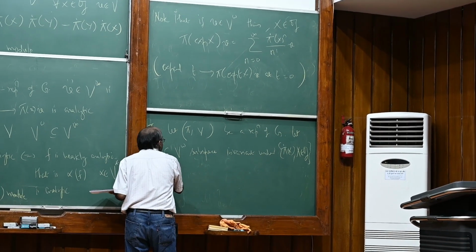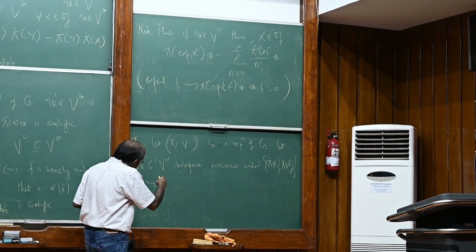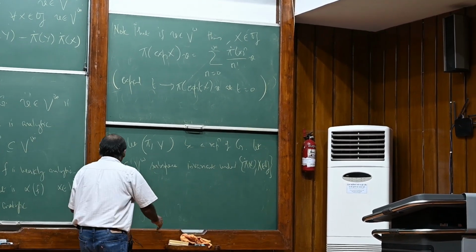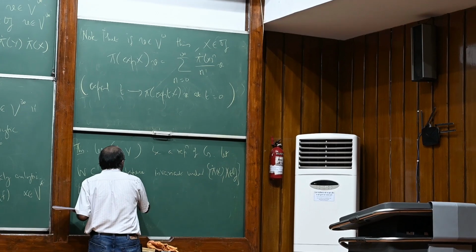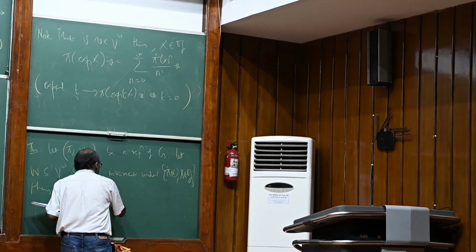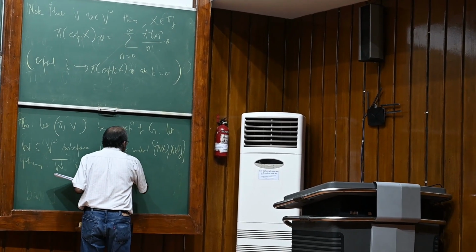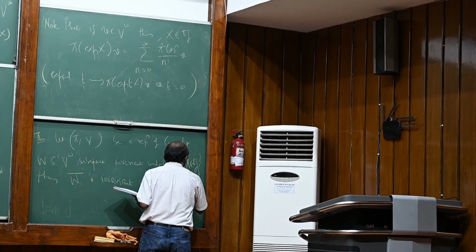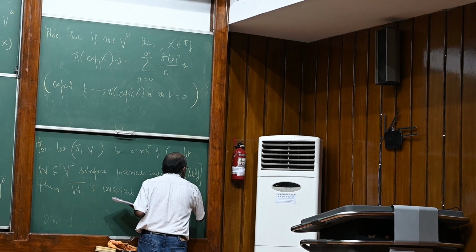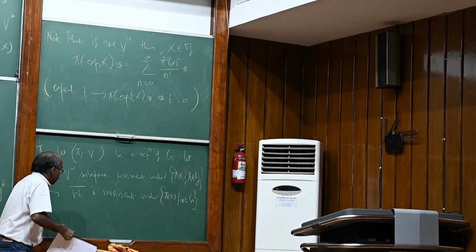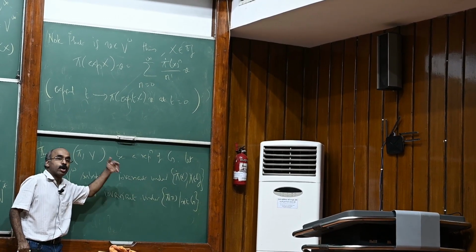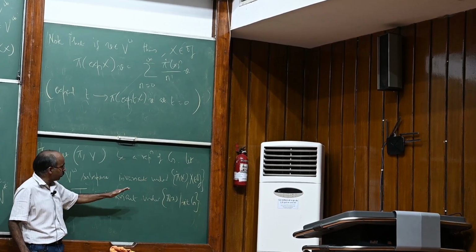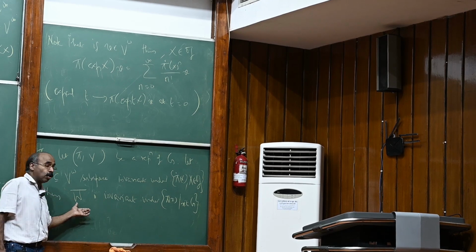Then the closure of W is invariant under the group. So W closure is invariant under pi of x, where small x belongs to capital G. Right, closure, because remember invariant subspaces are defined to be closed subspaces which are invariant under the G action. So whenever I go to the group level, I look at closure.